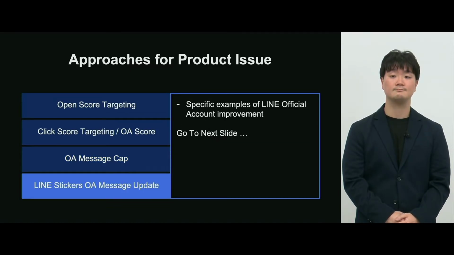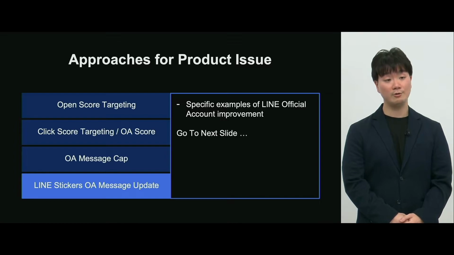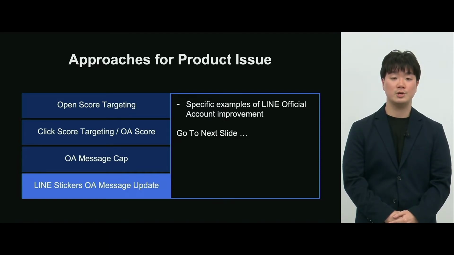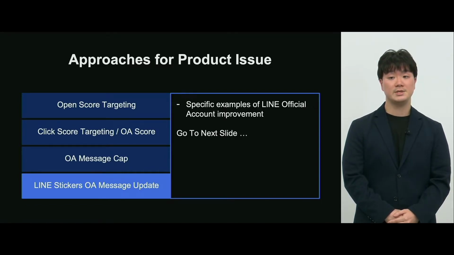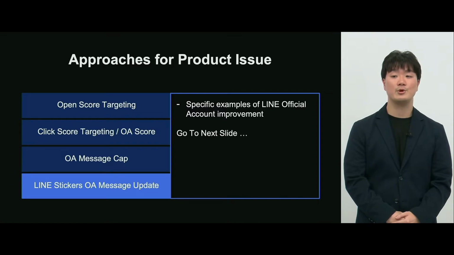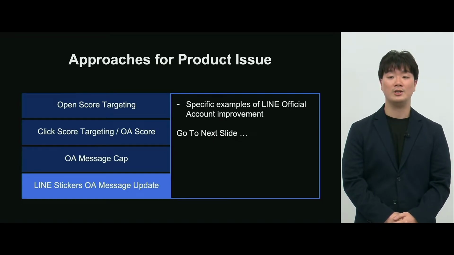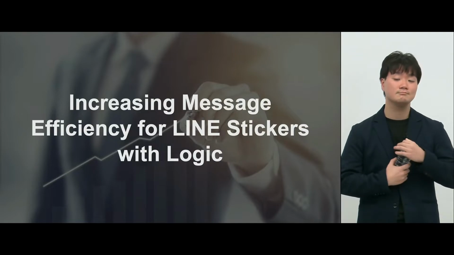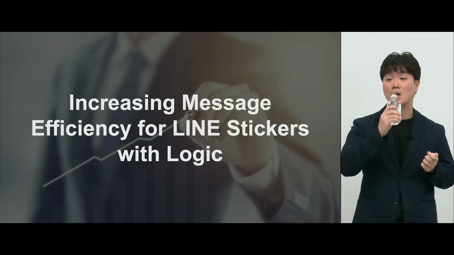But we are not giving up on problem solving by technology. That is the title of this presentation: the improvement project of the delivery logic for the LINE public official account. This project started because of a consultation from the LINE Sticker business unit, based on the OA message cap.